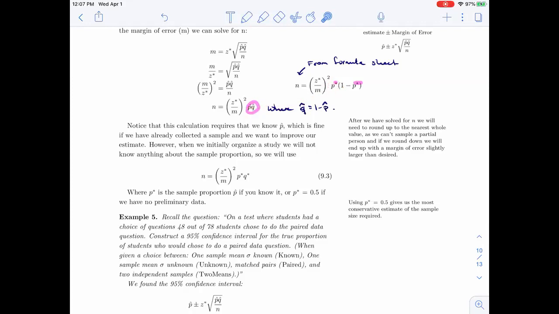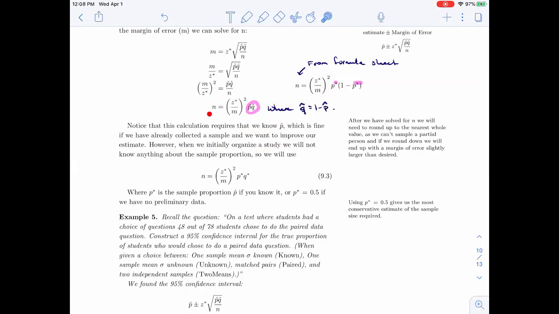The reason for this is that using P hat requires that we know P hat, which is fine if we've already collected a sample and we want to improve our estimate. That's not going to be the case often. If we're organizing a study, before we go out and collect any data, we're trying to figure out what sample size we need.